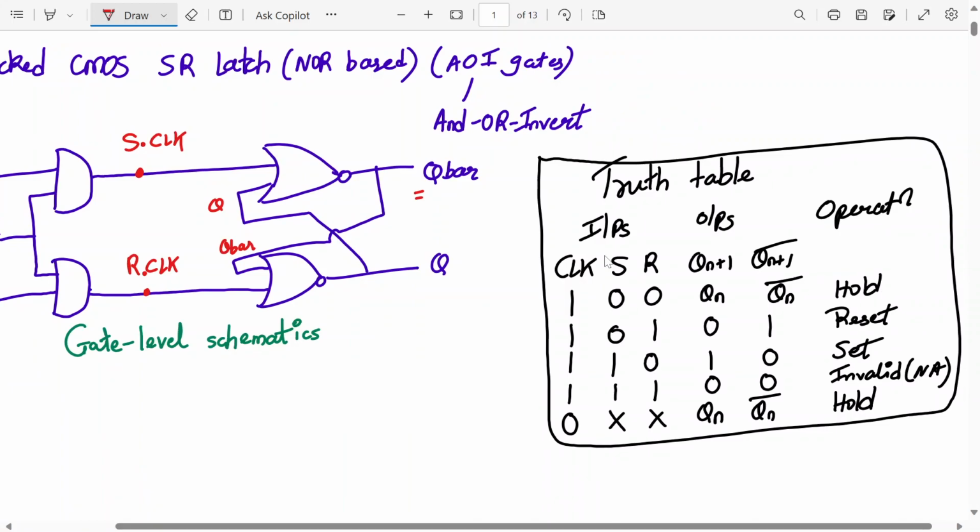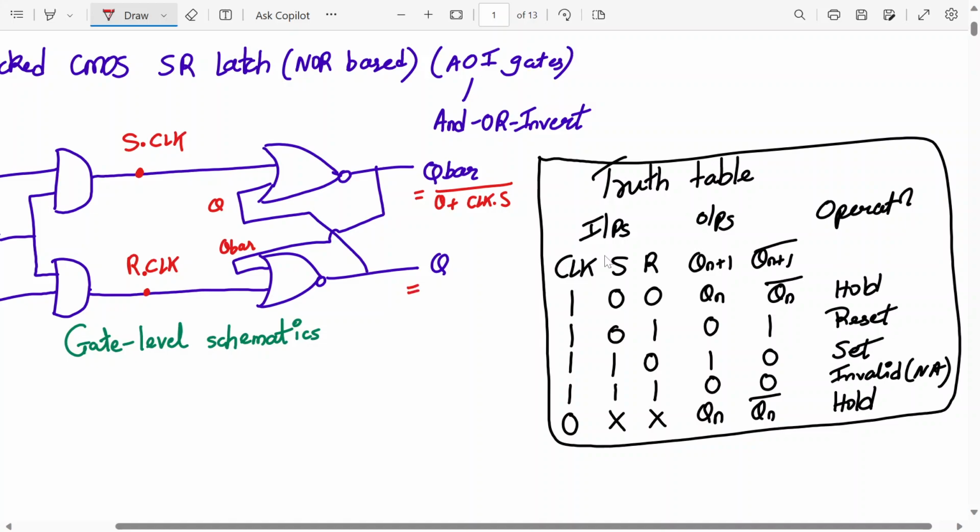This is a NOR gate, right? So Q bar will be equal to complement of the addition of the whole: Q plus clock into S, right? Yes, the whole bar.